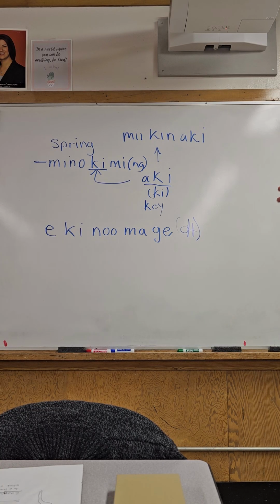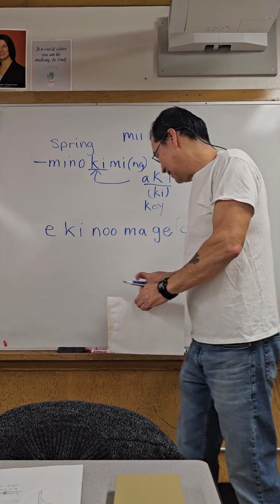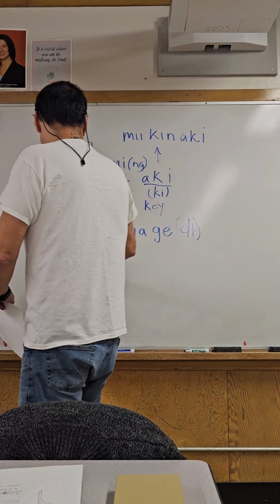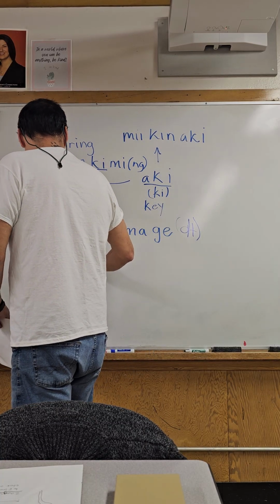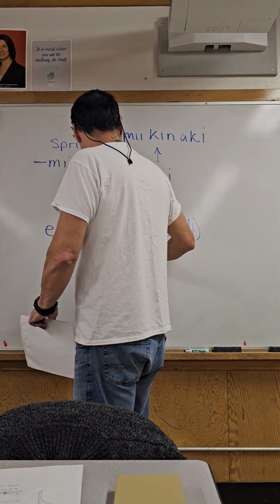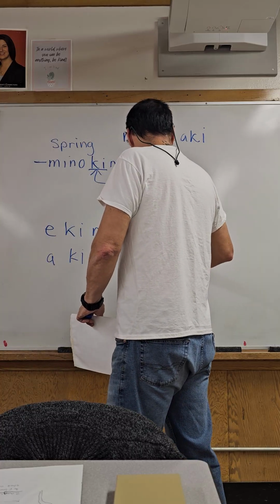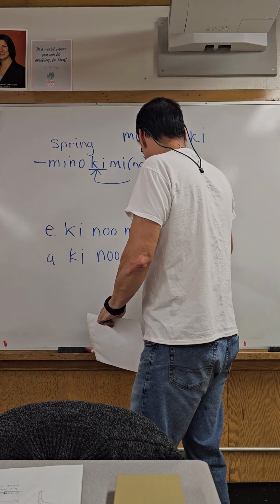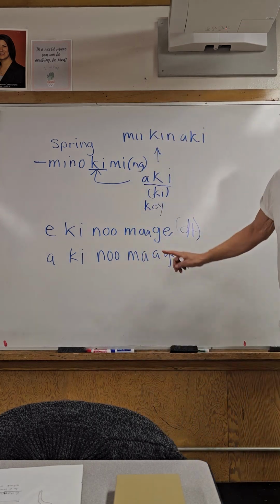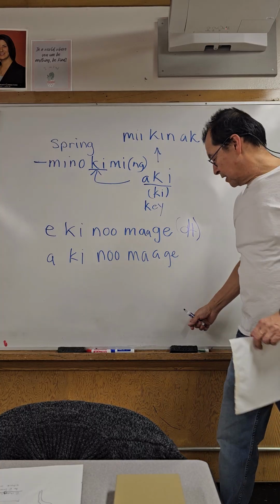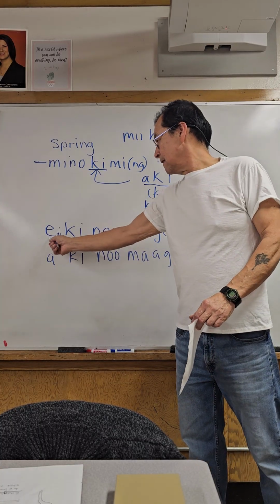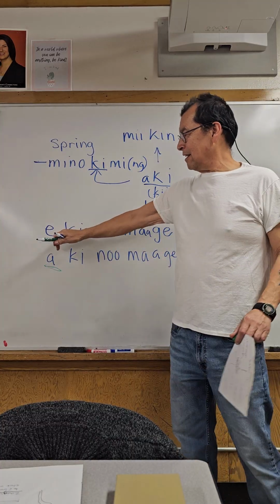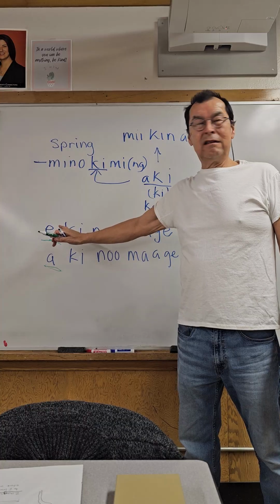I wrote the wrong word. There's this. Since we're on this topic, Aanishinaabe. So you see, the only difference between the two is the A versus the E versus the A. So again, this is a present state of being, right?